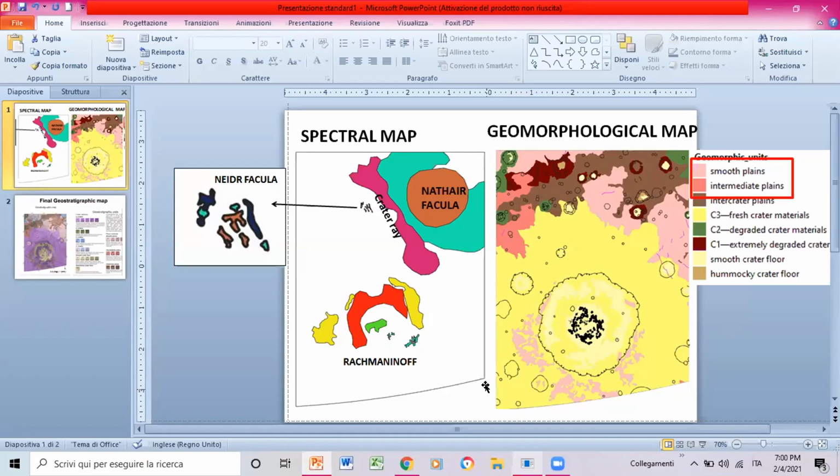Okay, maybe I'm just figuring out that smooth plains may represent high maturity terrain, maybe, I don't know. And like I just said, the same material because it's high maturity.